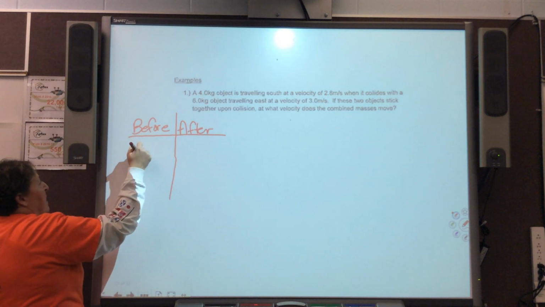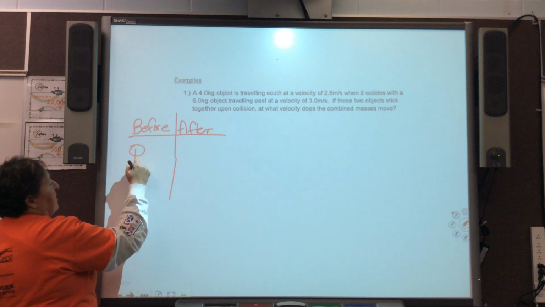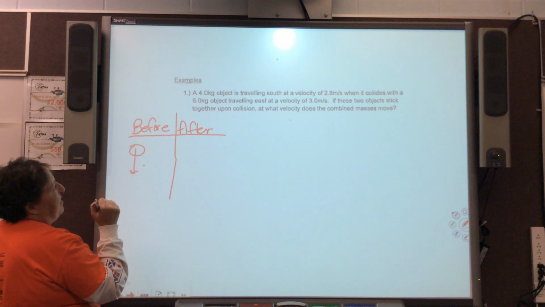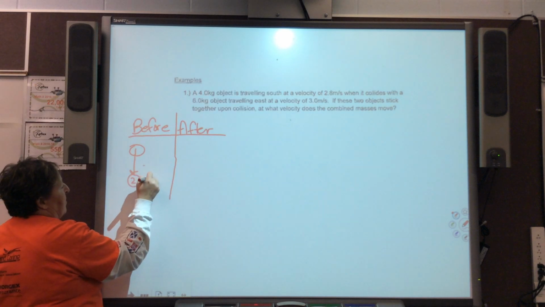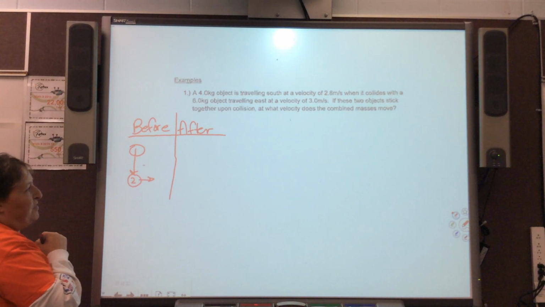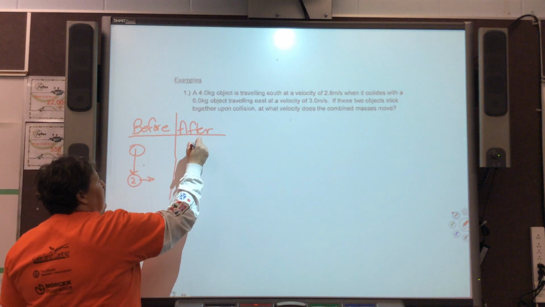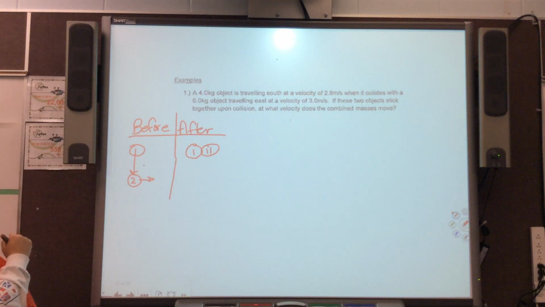So object 1 is traveling south at a velocity of 2.8 meters per second when it collides with an object traveling east at a velocity of 3 meters per second. If these two objects stick together upon collision, what velocity does the combined masses move?